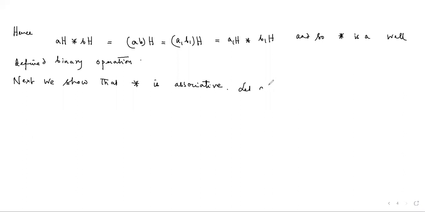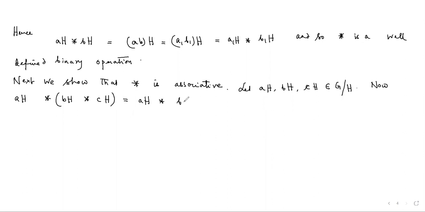Let AH, BH, CH belonging to the set G/H. Now AH star BH star CH can be written as AH star BCH. I hope you are following me. This is equal to ABCH.